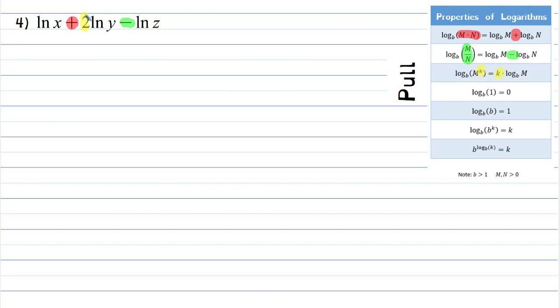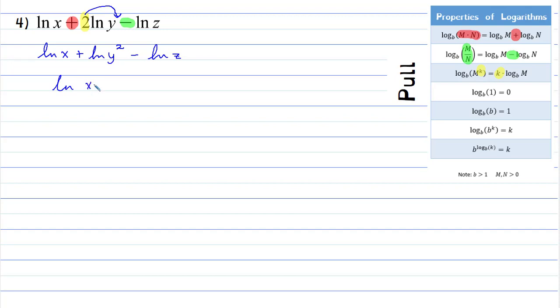So again, always start with your exponent first. And so ln of x plus ln of y squared, that 2 coming up, minus ln of z. So I'm going to take care of my addition next.